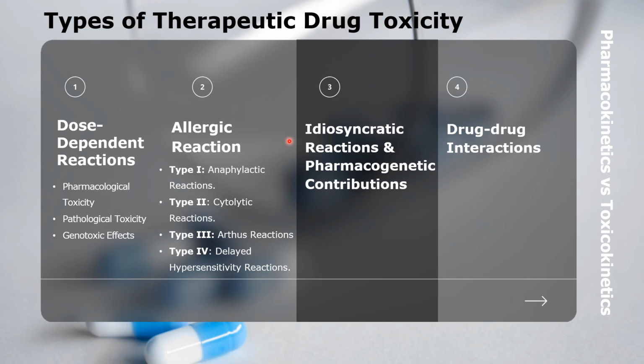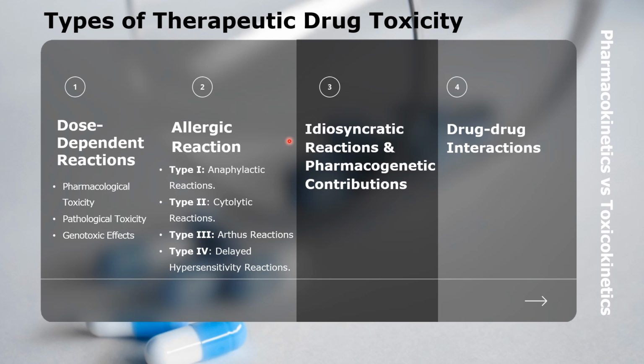idiosyncrasy is an abnormal reactivity to a chemical that is peculiar to a given individual, and the idiosyncratic response may be extreme sensitivity to low doses or extreme insensitivity to high doses of drugs.